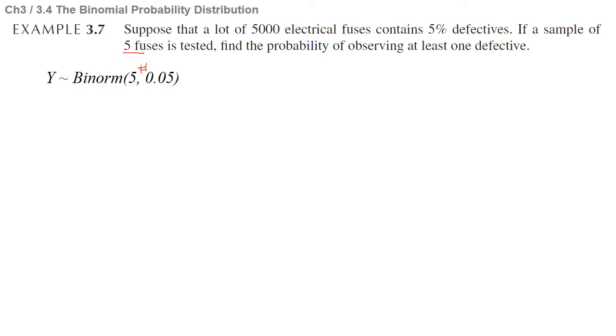So if you define y as the number of defectives among 5 fuses, then you can associate the probability distribution of y as a binomial distribution with n equals 5, and p, the probability for defectives, equals 0.05.